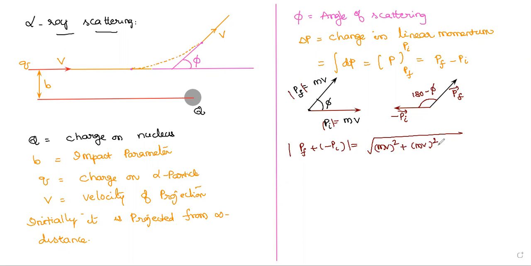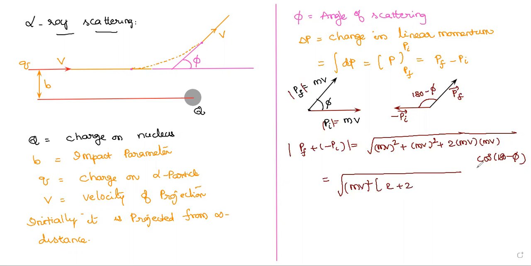Plus I will write here 2 mv into mv into cos of 180 minus phi. This is what I got under the root. If you take mv square common, I will get mv whole square into 2 plus 2 cos of 180 minus phi, which is minus cos phi. So I put here minus 2 cos phi.